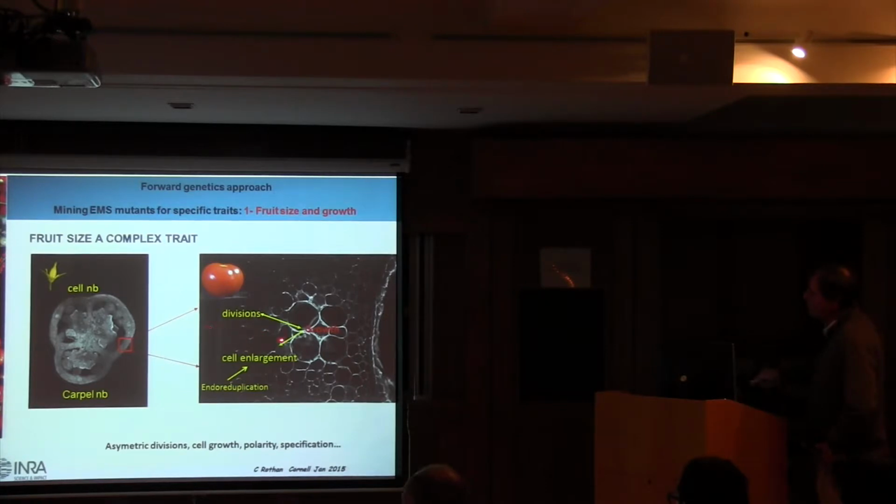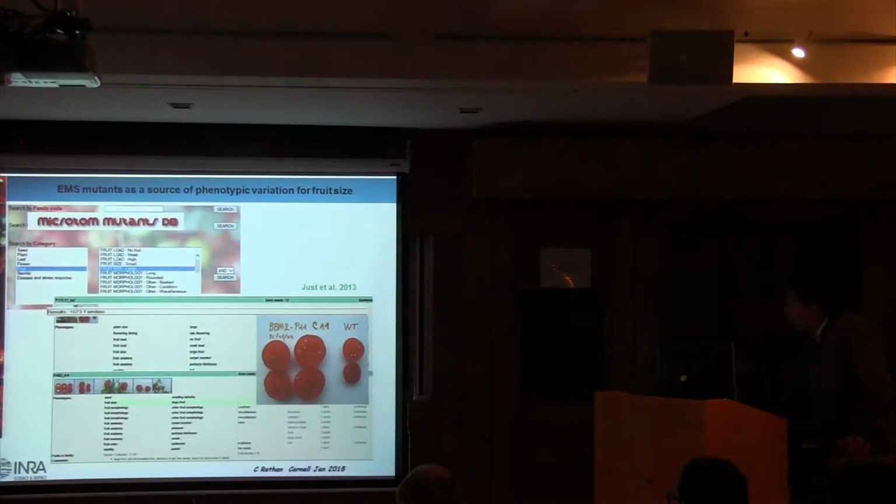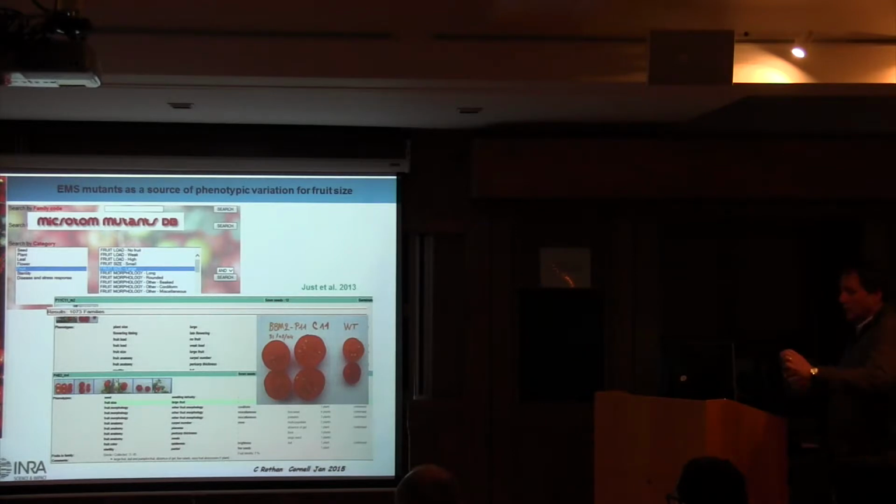What you see here, from the outer pericarp to the inside of the fruit, is a cross section of a tomato pericarp. What we have been looking at is mutants with variation in fruit size and or variation in pericarp thickness.